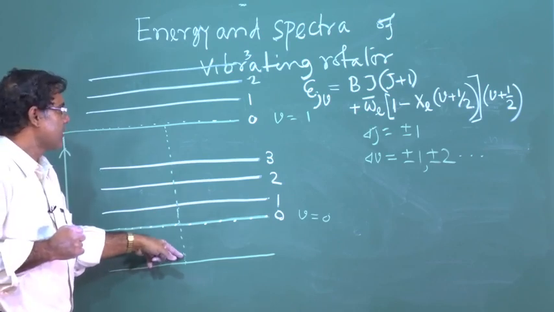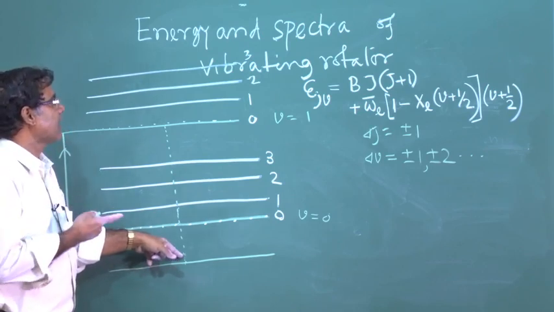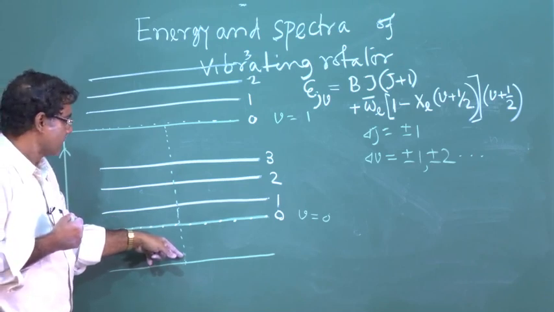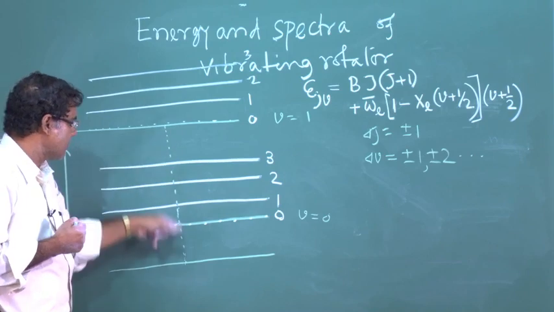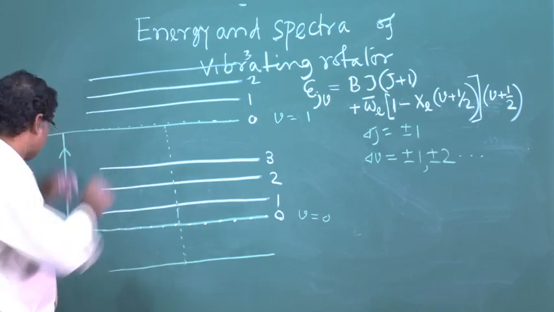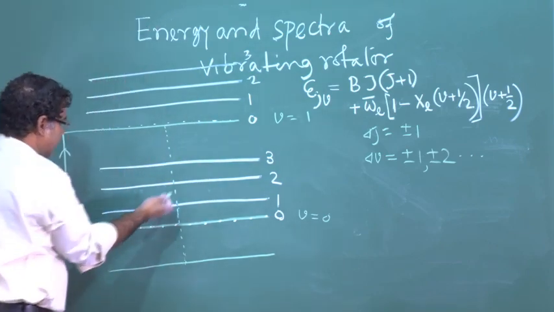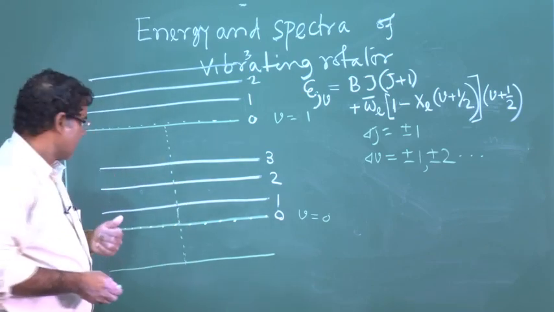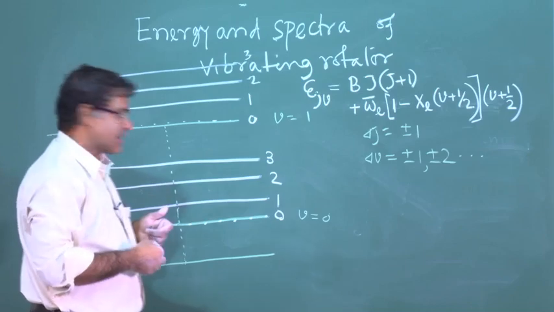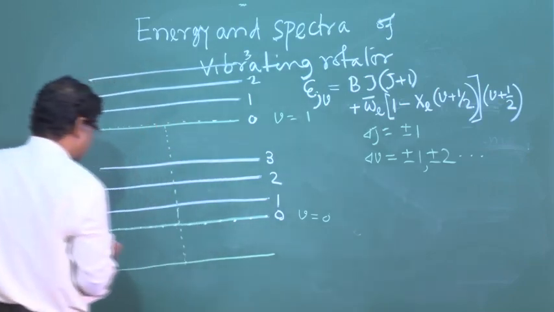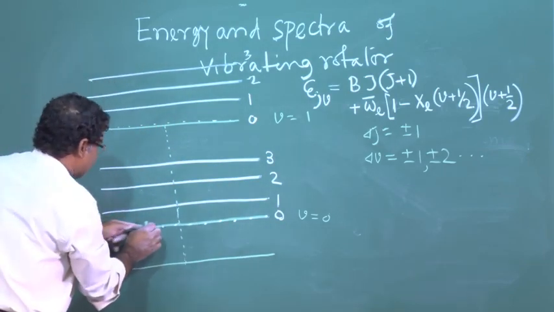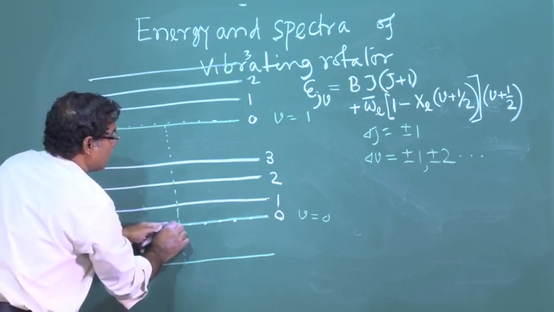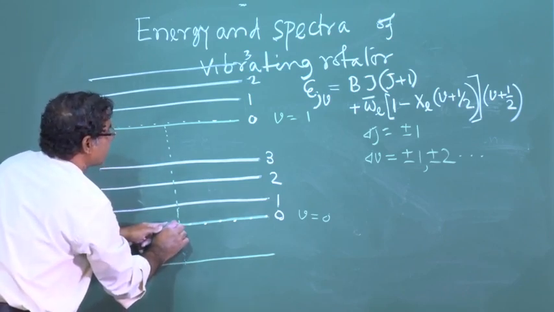When it is a vibrational-rotational spectrum, that line will be missing, but in place of it we will get a branch of lines. So, from where these branches of lines are coming, that is what I was trying to explain. This transition is allowed for del j equal to minus 1.